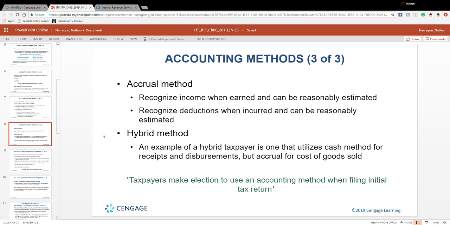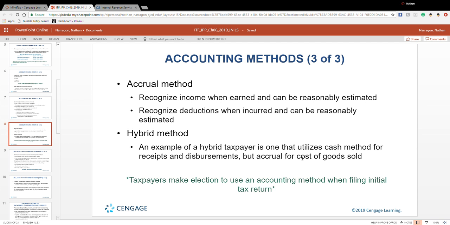the other methods, again, the accrual method: recognize income when earned and it can be reasonably estimated. And then, of course, recognize deductions when they are incurred. And then, here's the hybrid again. This is the example that they use, or the one that I've just previously told you. Again, hybrids don't get used very much, so basically know what an accrual method is, or a cash method.